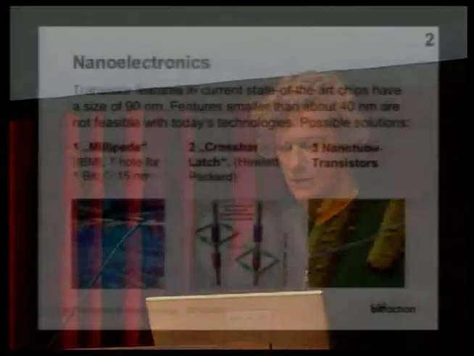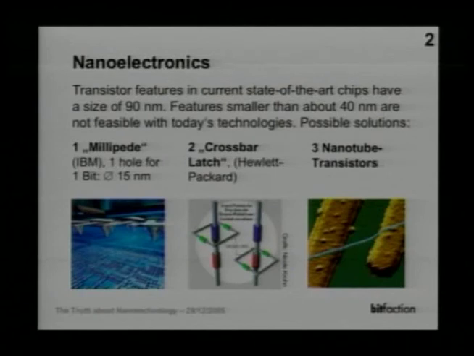The second is the crossbar latch by Hewlett-Packard. That's more like a prototype. It's not as far as the millipede. This is a real molecular electronics concept, because you see these funny things in the middle. This is just a very big molecule. It's called rotaxane. And this molecule can have two separate states.